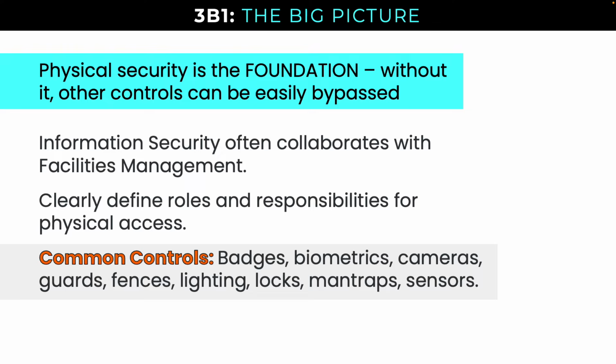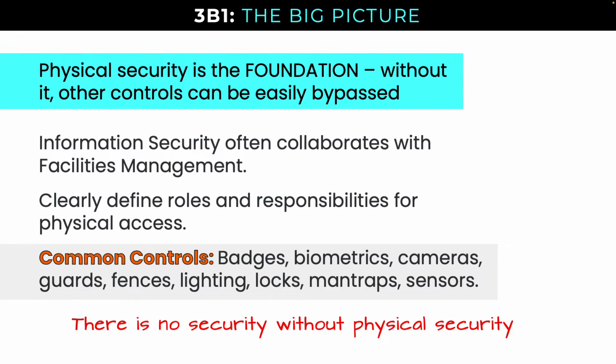Common controls would include badges, biometrics, cameras, guards, fences, lighting, locks, man traps, or what we call access control vestibules, sensors, bollards to prevent automobiles from impacting our building. But remember, there is no security without physical security. If I can get into that wiring closet, it doesn't matter how effective your network configuration is, I can start pulling cables.